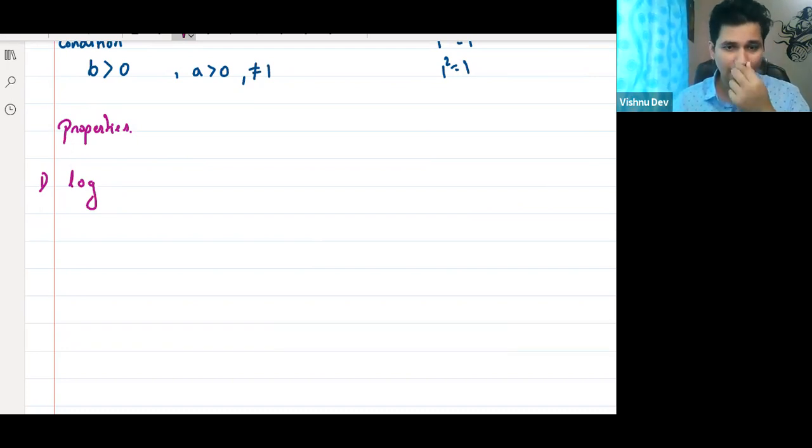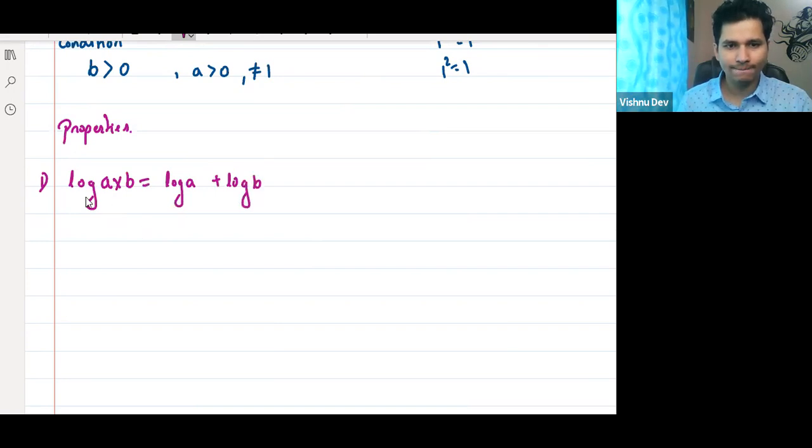So let us just revise first. Log a into b is equal to log a plus log b.